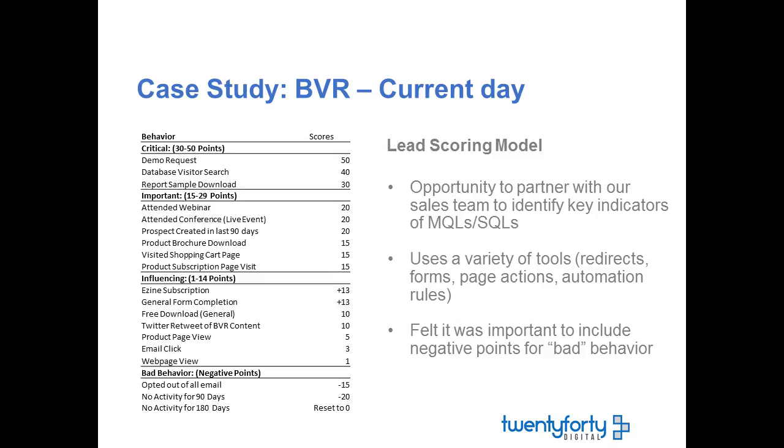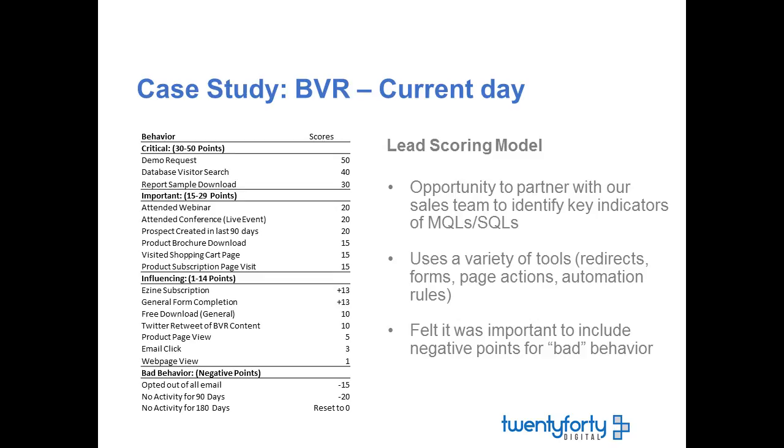But the last two items are if there's no activity in the system for 90 days, and then again for 180 days. 90 days is a little bit of a negative, but if a contact has not taken any kind of engagement, meaning they haven't clicked on an email, they haven't been to our website, anything like that, for 6 months or 180 days, at that point whatever score they had is essentially useless to our sales team.